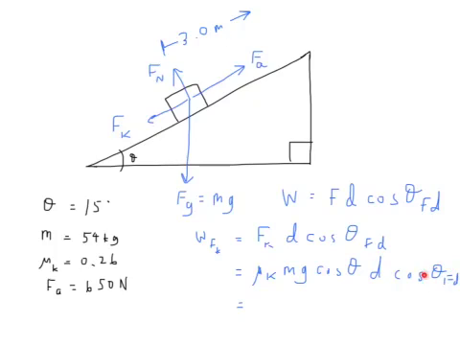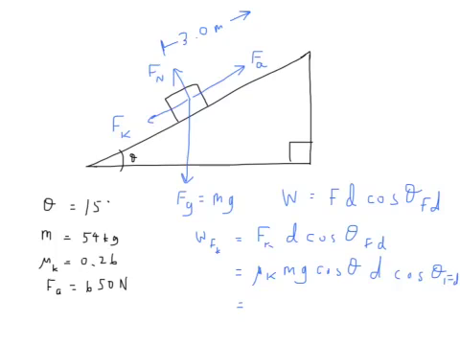But then we have to plug in cosine of the angle between force and distance. And here we're looking at Fk. So Fk points down the ramp, and the distance is going up the ramp. The block moves up the ramp. So for this angle, we're going to plug in 180, since that's how many degrees separate Fk and the distance.